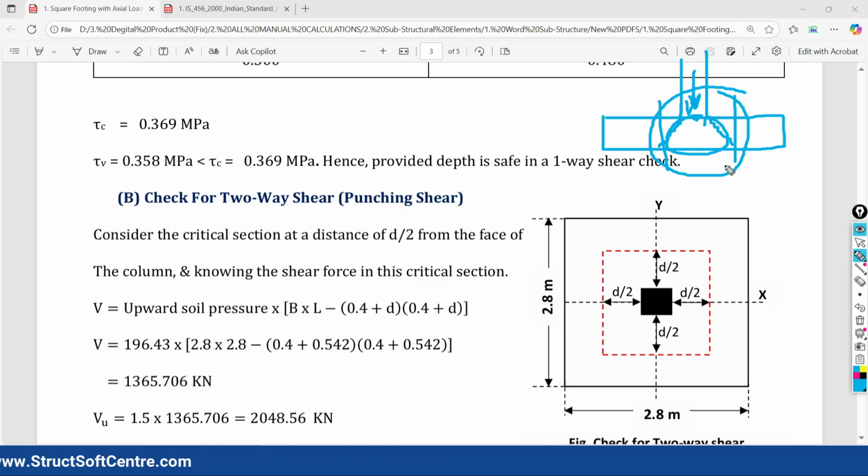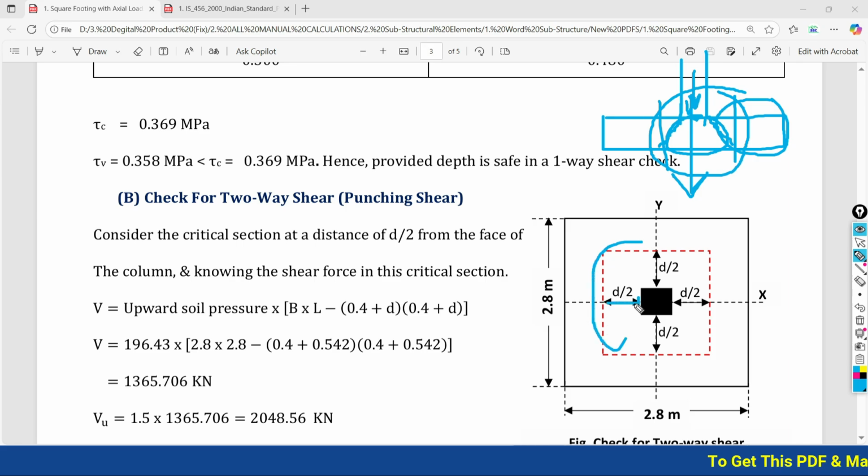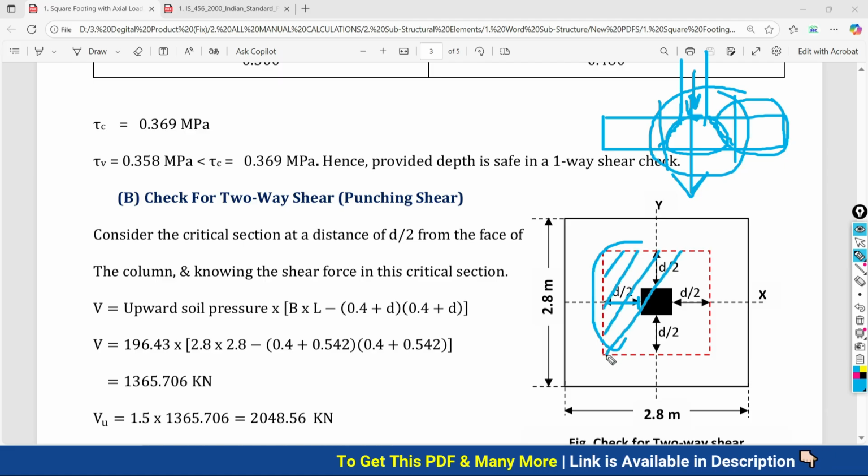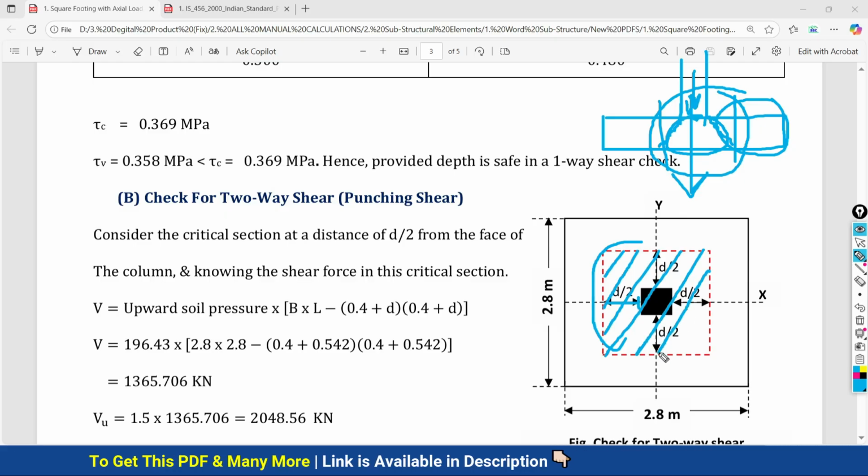So what possibility is there? This part will remain at its position and this part will settle down. This area at a distance of d by 2 from the face of your column we consider the critical area, where very high stress of the axial force is going to develop, and there will be chances of punching out this area.